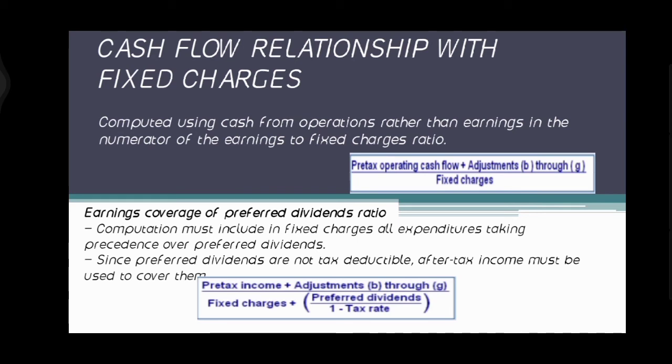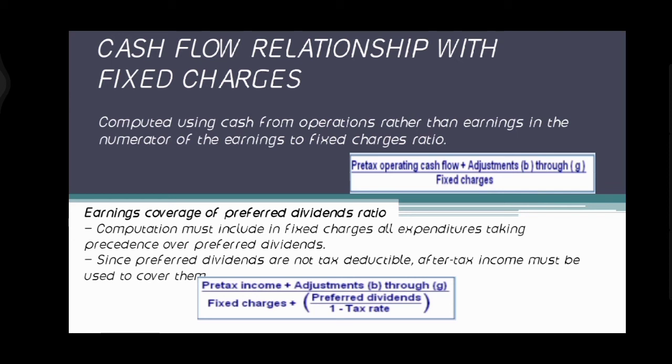And then talking about the earnings coverage of preferred dividend ratio, preferred stock analysis often benefits from a measure of the coverage of return on preferred stock dividend. This analysis is similar to an analysis of how profit covers fixed expense or fixed charge related to debt. This calculation must include all expense incurred before preferred stock dividend in fixed expense.